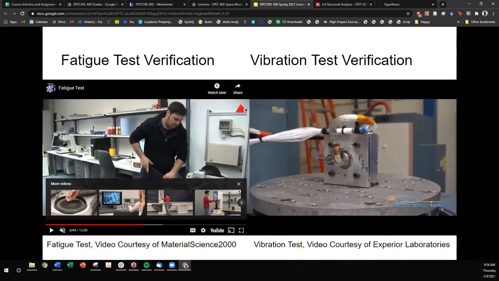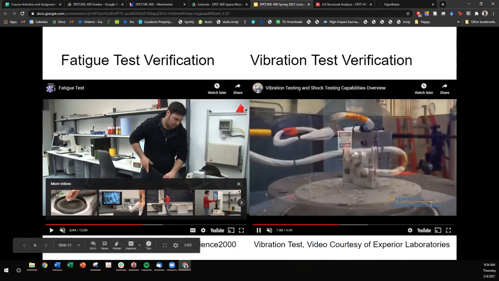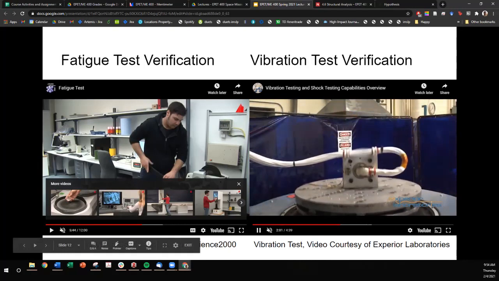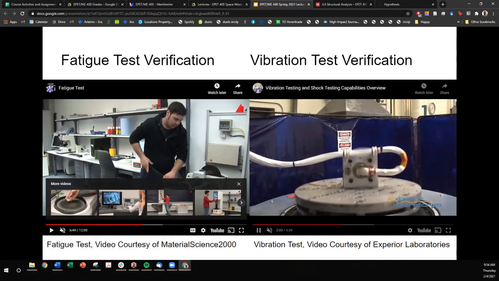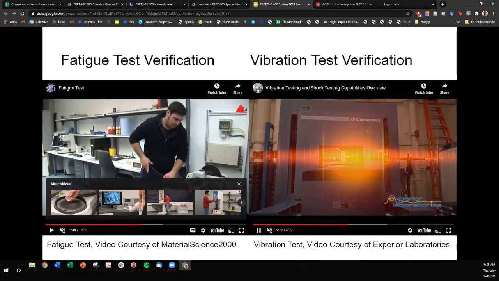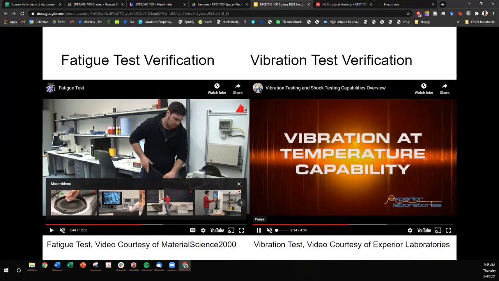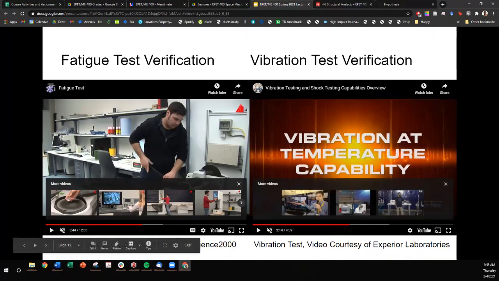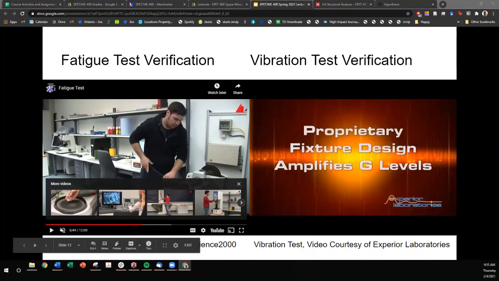So there are these vibration tables that oscillate and provide that kind of acceleration and frequency. And then there's the structural component of interest. So that's what those tests look like and all the equipment around it.